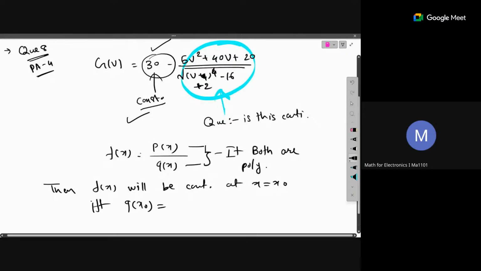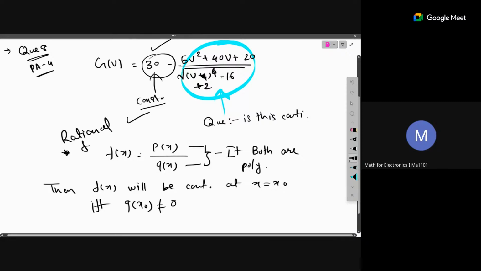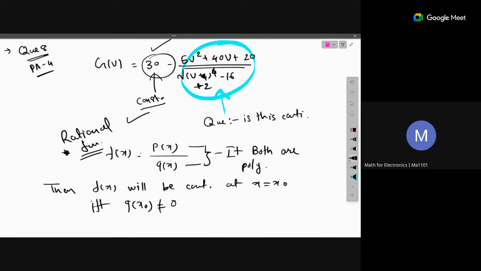This is the result for rational functions, and we already saw why this holds. If we have a rational function p by q, where p and q are both polynomials, then this function will be continuous at all those points where our denominator is not vanishing, that means q of x is not becoming 0.